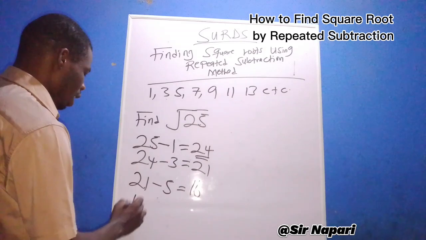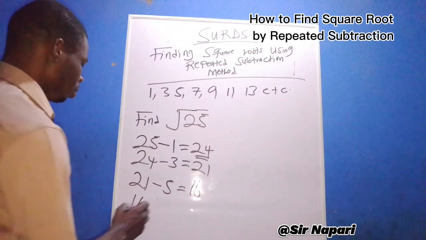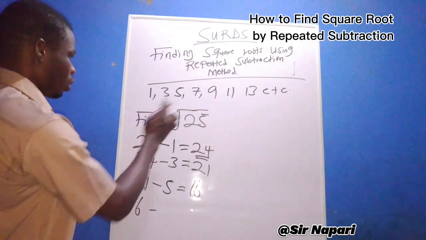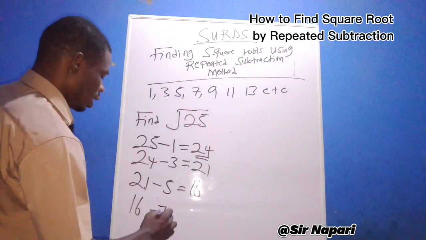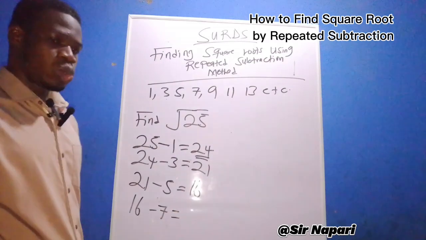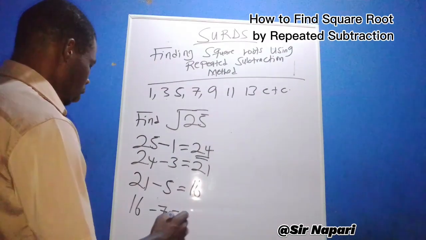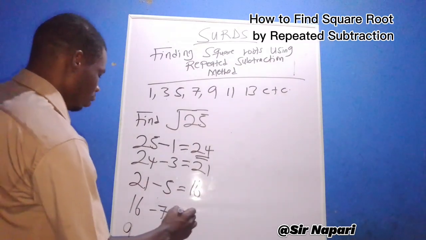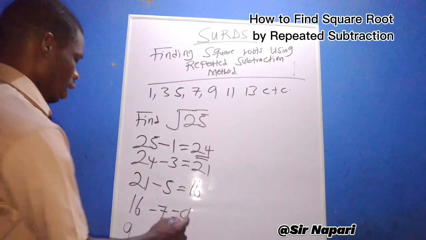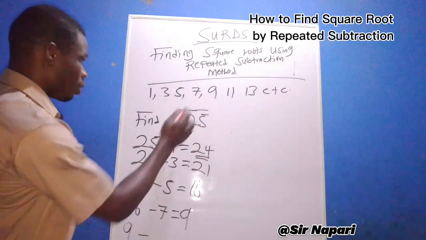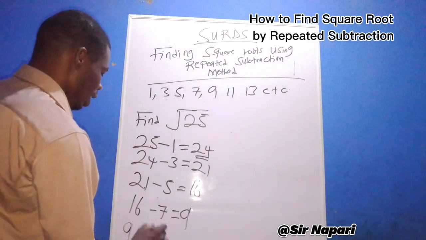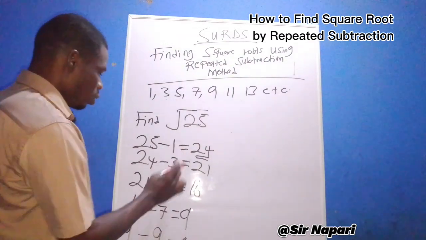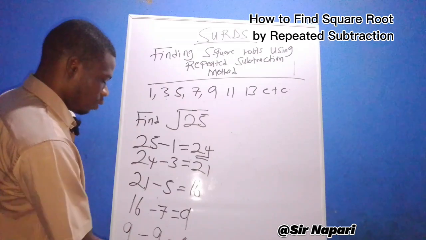We continue: 16 minus the next odd number, which is 7, equals 9. Now we take 9 minus our next odd number, which is 9, and that equals 0.